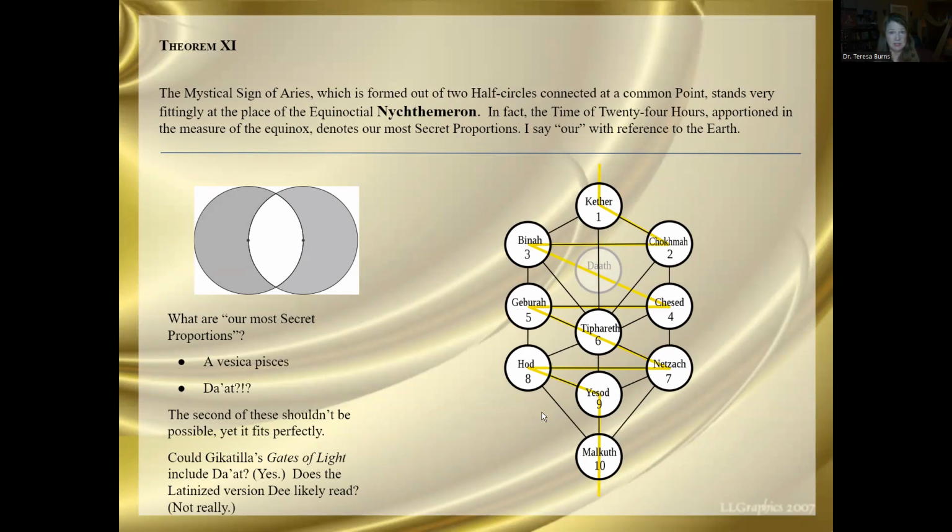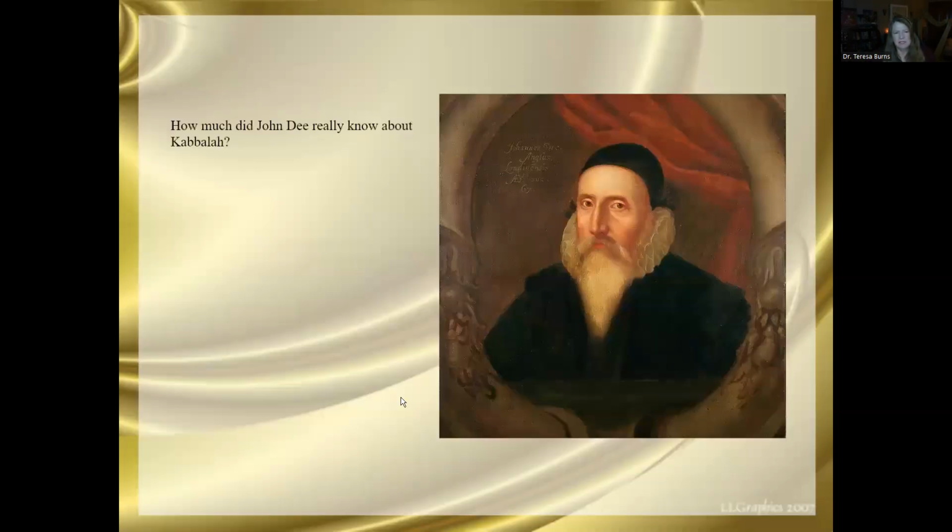At least the one we looked at from the Latinized version of Gikatilla's Gates of Light didn't have these cross paths and didn't have these side paths, but it had all the Sephiroth with the same names, same attributions as used, say, later by Kircher, and frankly used in modern initiatory societies that have a Kabbalistic base who use Hermetic Kabbalah. So this raises a really interesting question, again, about how much did John Dee really know about Kabbalah?